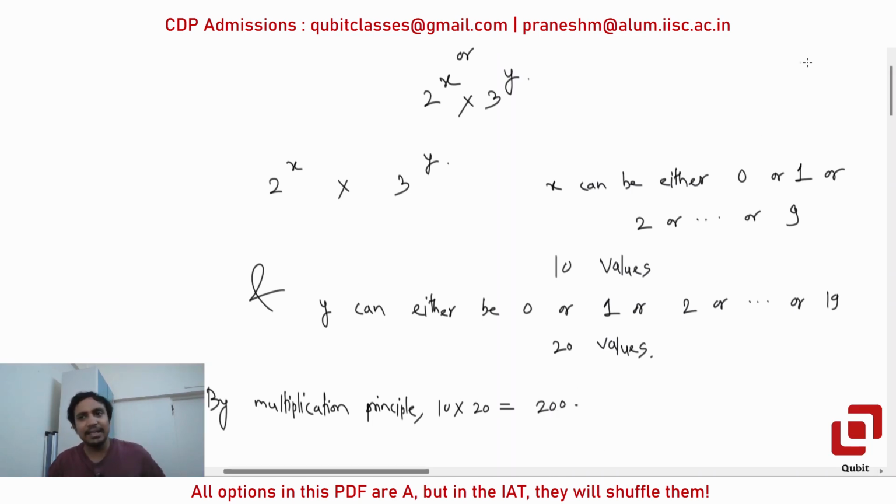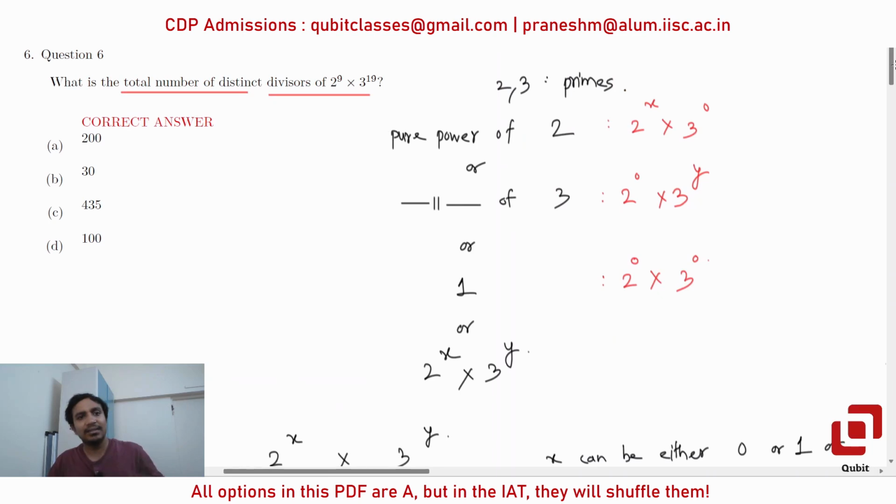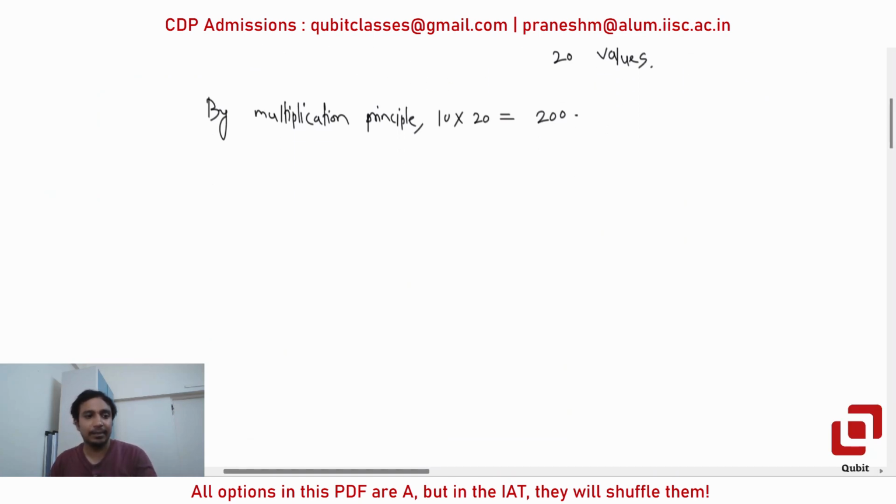Now it's not the case that our number can have only two prime divisors. Let's say, for example, you take a number like 2 raised to a, 3 raised to b, 5 raised to c, 7 raised to d. Suppose you ask me how many distinct factors this number has.